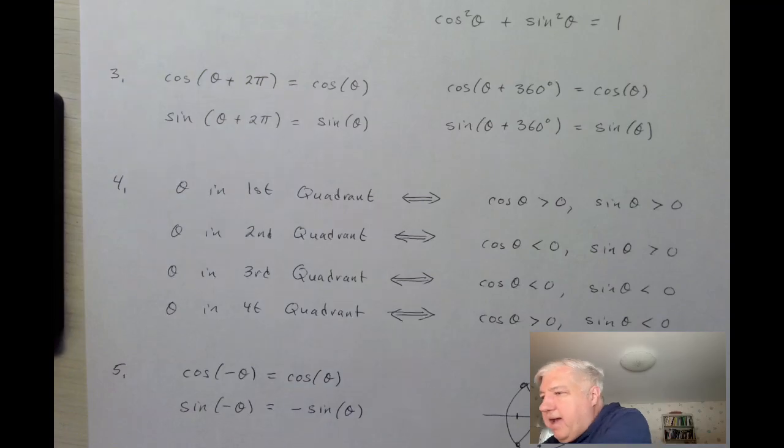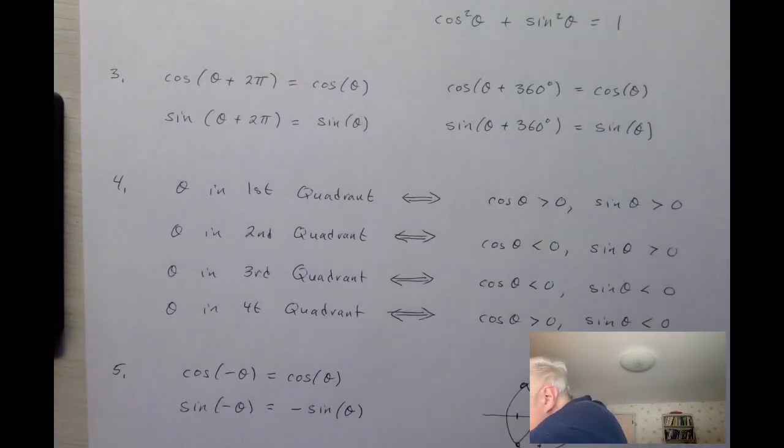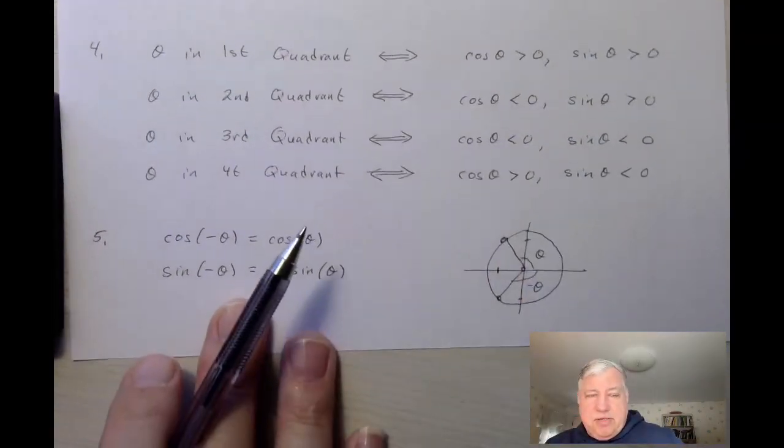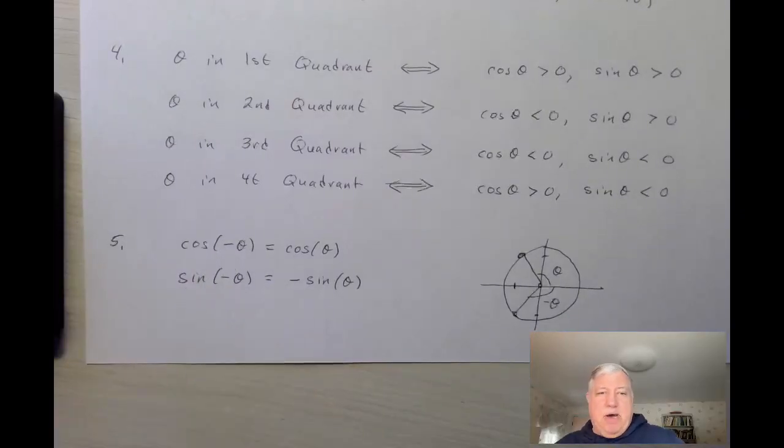Then we also have this property, which says that if we replace theta with minus theta, we get the same thing if we're taking cosines, and we get the opposite if we're taking sines.